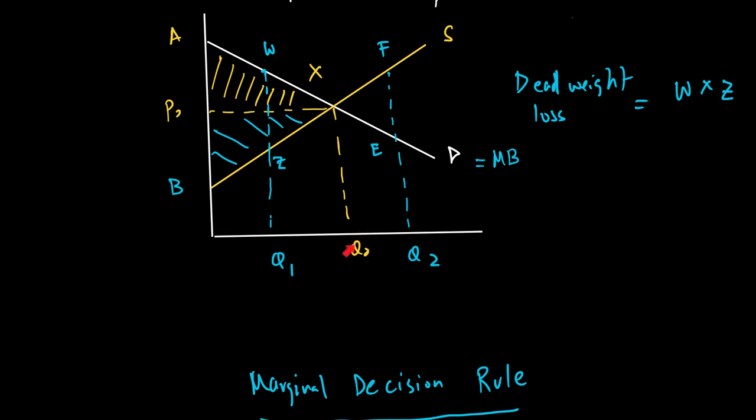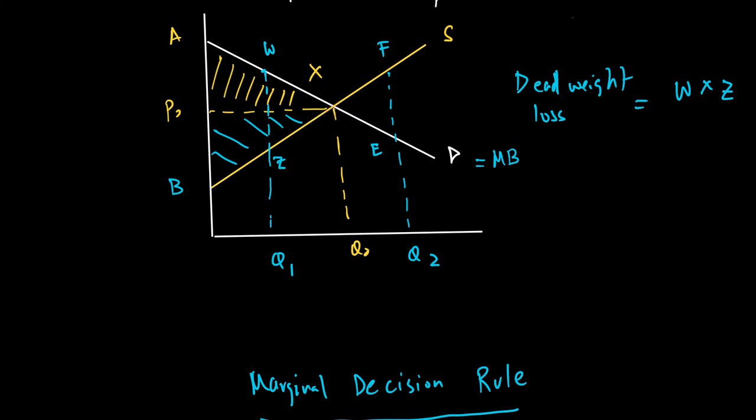So till Q naught, you will agree with me that each and every point has a marginal benefit more than the price that we pay for the good, and that's why we are pocketing some consumer surplus. We will stop at this point because our marginal consumer surplus is actually zero.